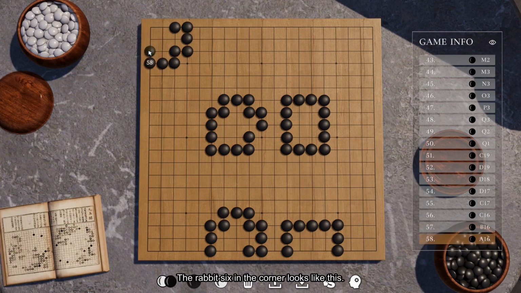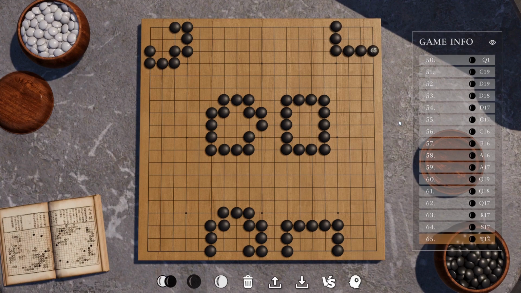The rabbit 6 in the corner looks like this. And the rectangular 6 in the corner looks like this. Okay, let's take a look. The rabbit 6 and the rectangular 6 are also very classic shapes.